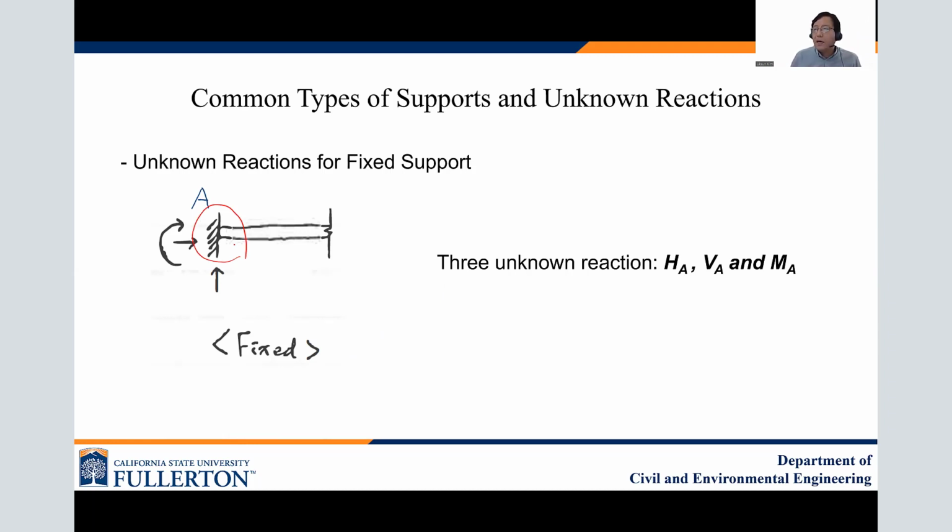There are three unknown support reactions for fixed support: HA for the horizontal one, BA for the vertical one, and MA for the moment. So we talked about the three common types of support: roller, pin, and fixed support.